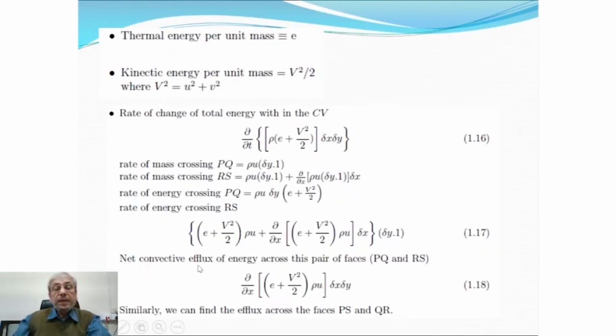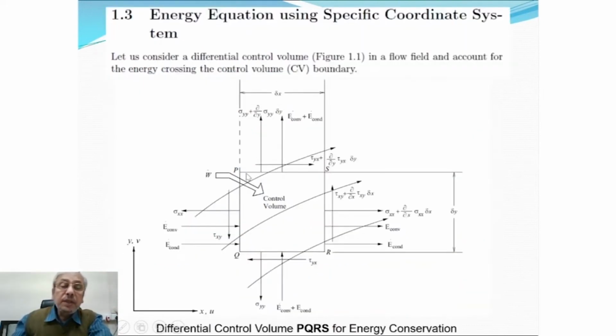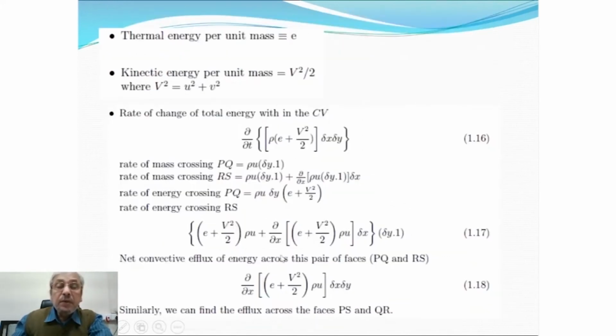Now, net convective efflux of energy across the pair of surfaces, PQ and RS. Through PQ this much energy is coming in, and through RS this much energy is going out.